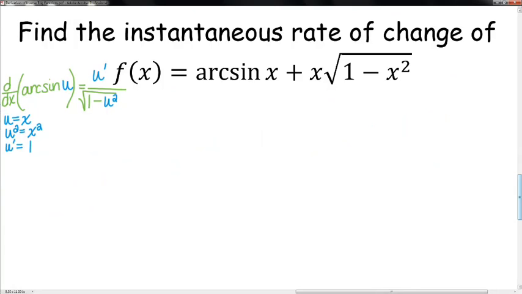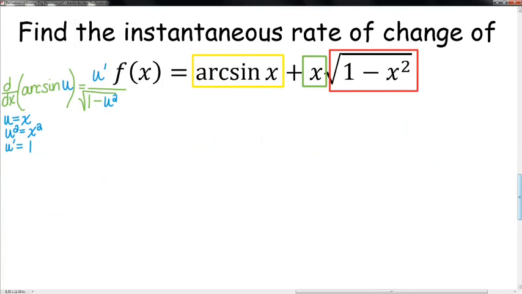So we're set up to take the derivative. I have to be careful because I have several things going on with this problem. So I have this arc sine that I need to deal with. I have a product rule. Here's my first. Here's my second. But my second is going to be a chain rule. So hold on tight as we go through this. So I'm going to first rewrite everything that I have.